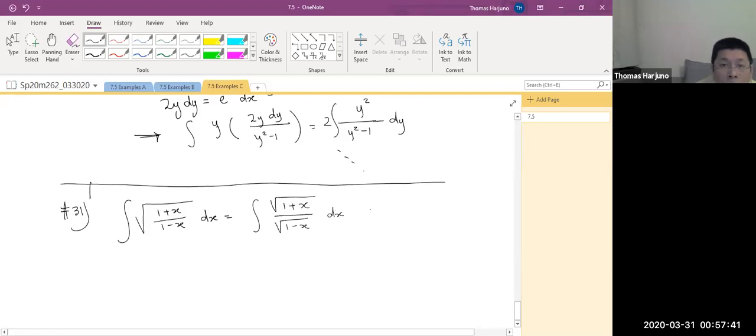I think I will multiply, let's do the side. Square root of 1 minus x, 1 plus x over square root of 1 minus x. You see, imagine if I would like to have square root of 1 minus x squared. Then I will need to multiply by square root of 1 plus x. Is it right?